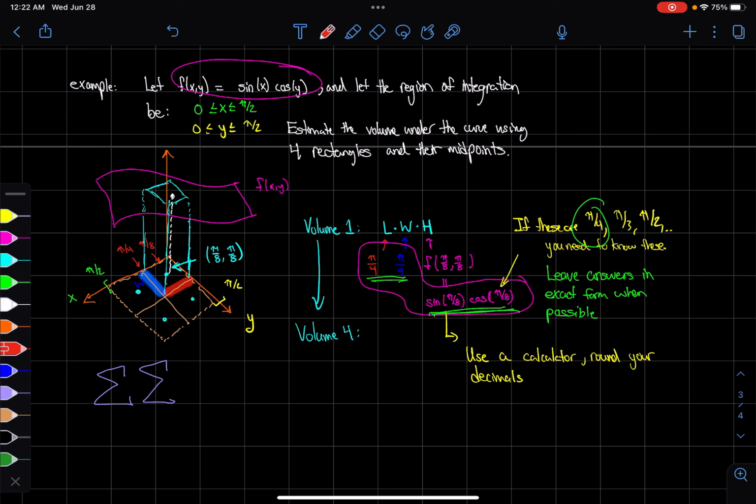We need one that tells us to go from our first rectangle to the second rectangle in the x direction, and another that tells us to go from the first rectangle to the second rectangle in the y direction. The rest is pretty much the same. We're just going to have height, length, and width, and we can figure out what these are very quickly depending on what the problem is asking us to do.